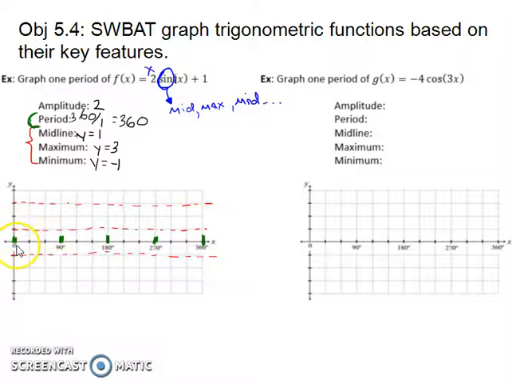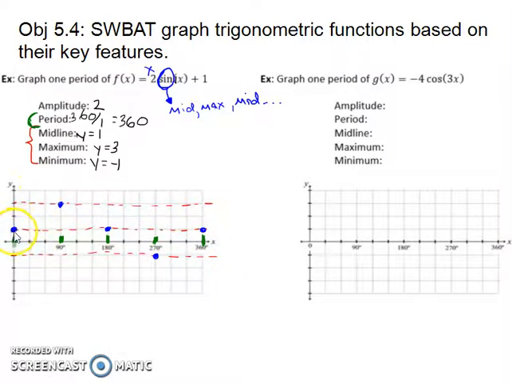So when I say start, I mean the first of the quarter points. So at 0, you'll have a dot that's on the midline. The next quarter point, you'll have a dot that's on the maximum. The next quarter point, you'll be back on the midline. The next quarter point, you'll go down to the minimum because it has to complete the cycle. And then the last quarter point, you'll go back to the midline.